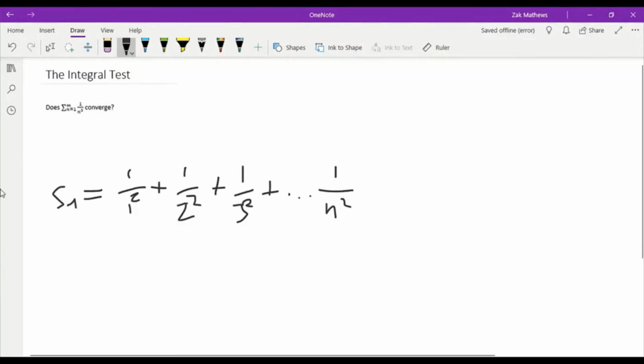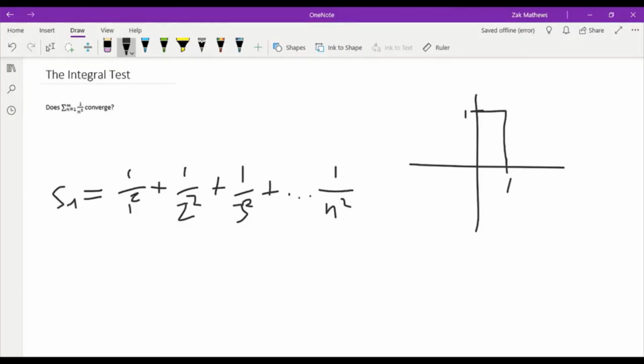If I were to look at this plotted out, do a quick little sketch. If we think about that n value of 1, we saw that it had a y value, or a summation, of 1. If we look at that next partial sum, the 1 over 2 squared, the second value that we're adding is at 2, we'd be adding a quarter there.